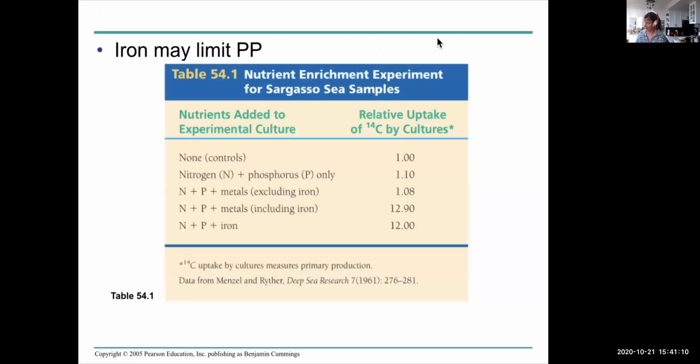So let's look at productivity. Primary productivity is limited by the amount of energy input, as you can imagine, the amount of sun input.